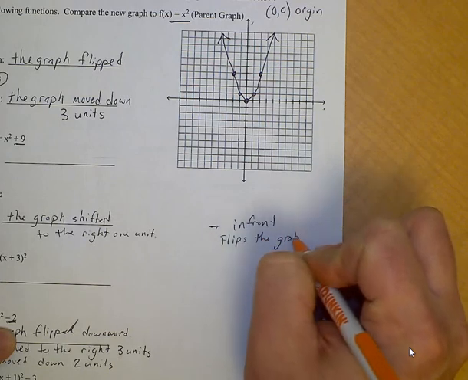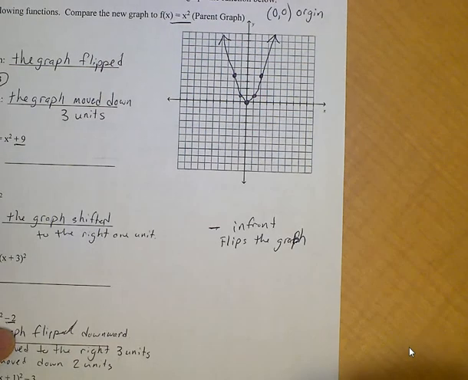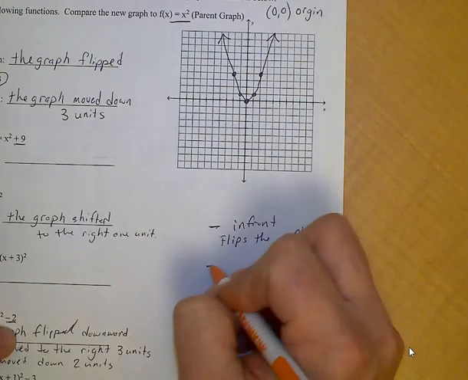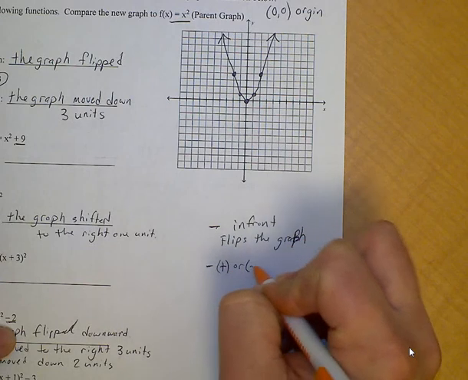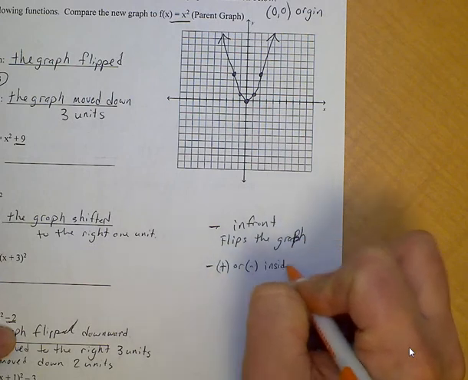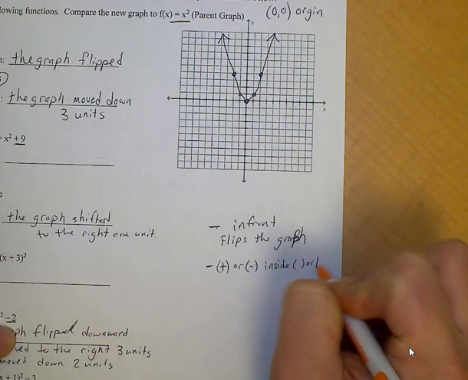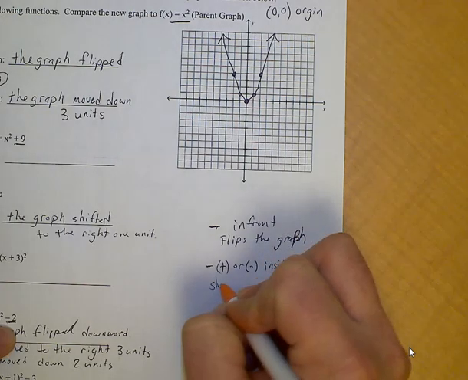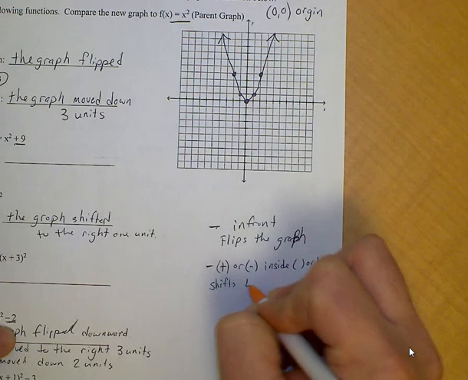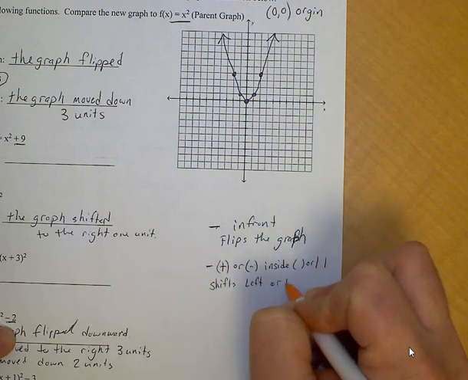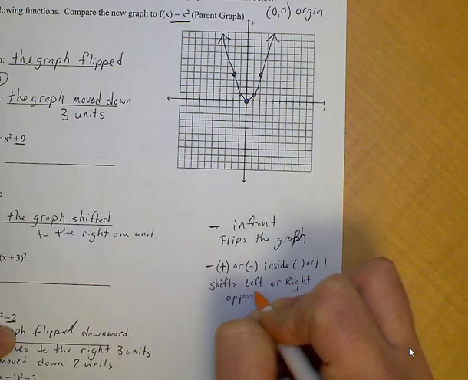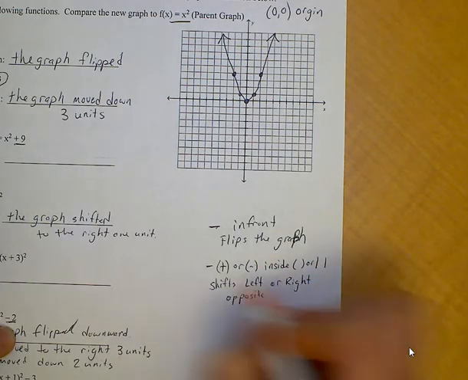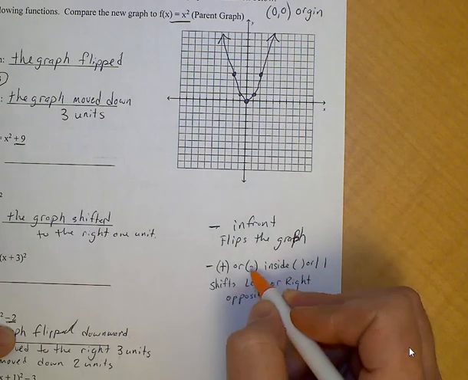Okay, a plus or minus inside parentheses or absolute value shifts left or right. And it's the opposite. So if it's plus, it shifts to the left. If it's negative, minus, it shifts to the right.